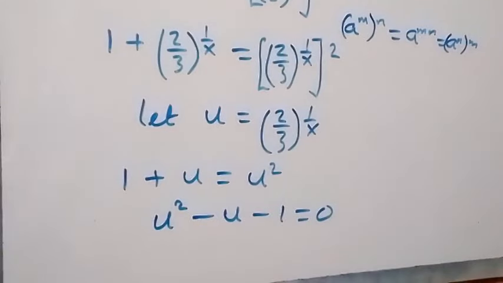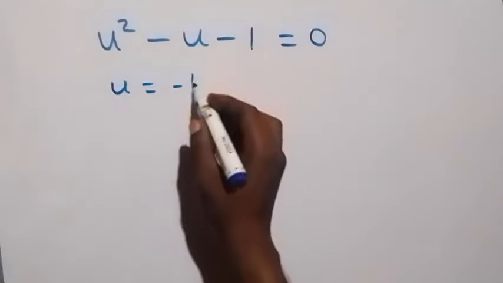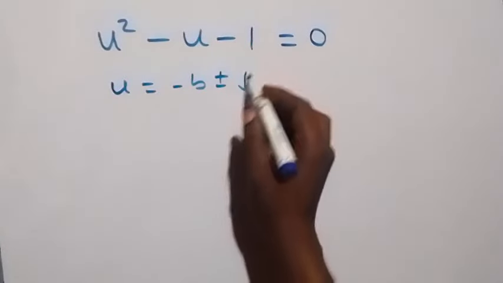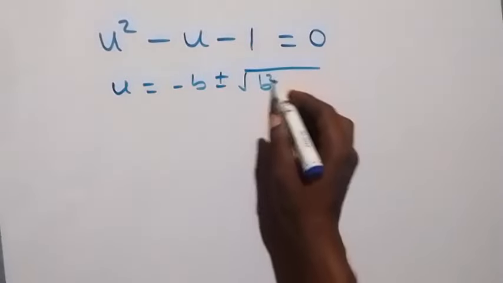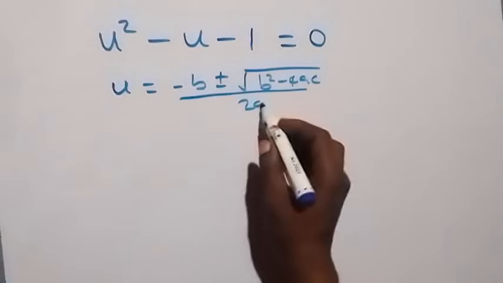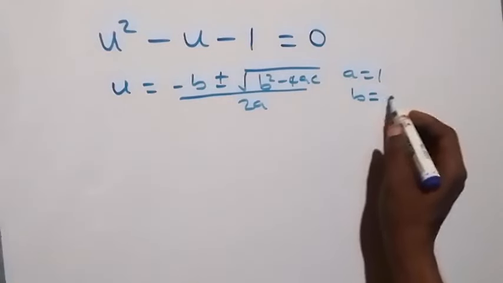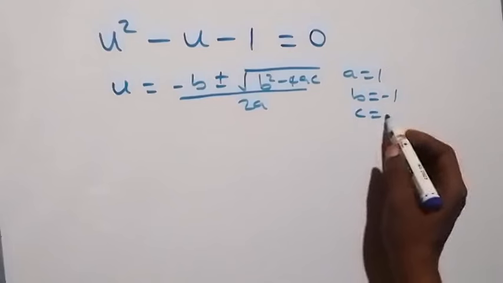Then solving this equation using the quadratic formula, u equals minus b plus or minus square root of b square minus 4ac over 2a, and here a is 1, b is minus 1, and c is minus 1.